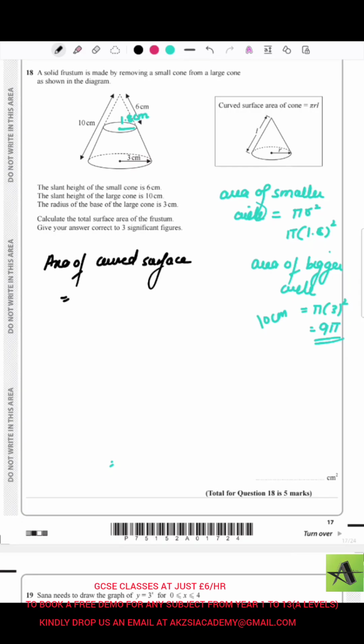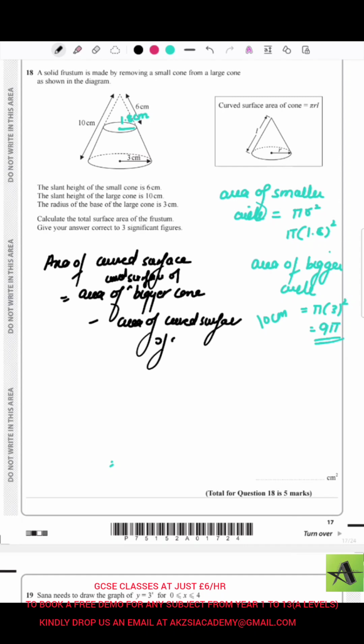is equal to the curved surface of the bigger cone minus the area of the curved surface of the smaller cone. The formula is pi RL.